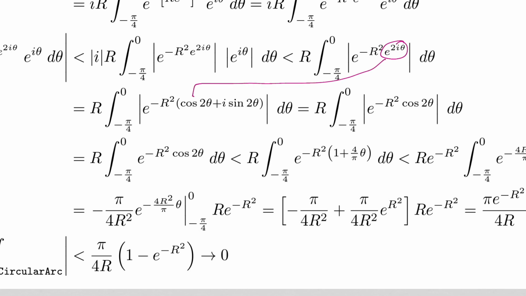I blow that up as cosine 2 theta plus I sine 2 theta. And that breaks this thing up into a real part and an e to an imaginary part. And the e to the imaginary part has magnitude 1, so that goes away. So I know that the integral of that magnitude just equals the integral of the magnitude without the complex piece.